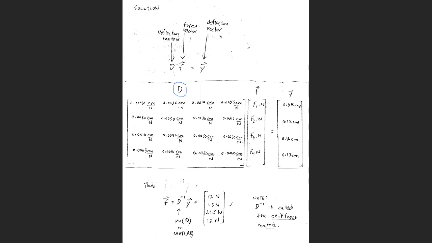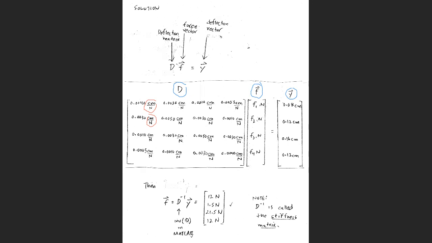But for every element in the matrix D, I've put the units there. Not just the number, but the units. And the vector F is the force vector. That's our vector of forces. That's what we're looking for. And the vector Y is our vector of deflections.